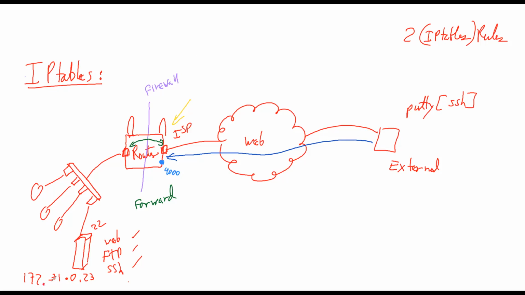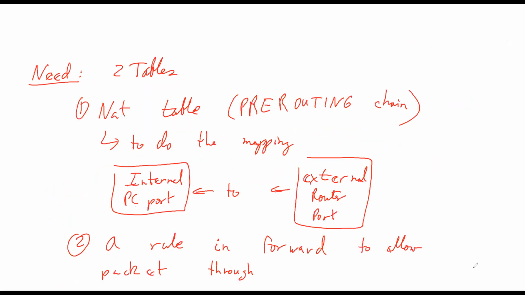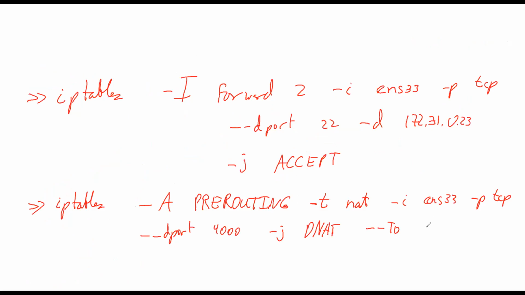So now I'm going to go back here and complete this by saying that the destination is 172.31.0.23, and don't forget the port number. So in this case, it would be colon 22.